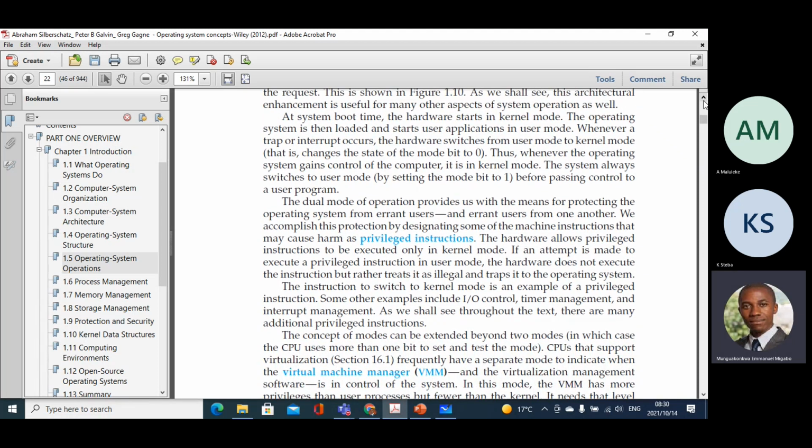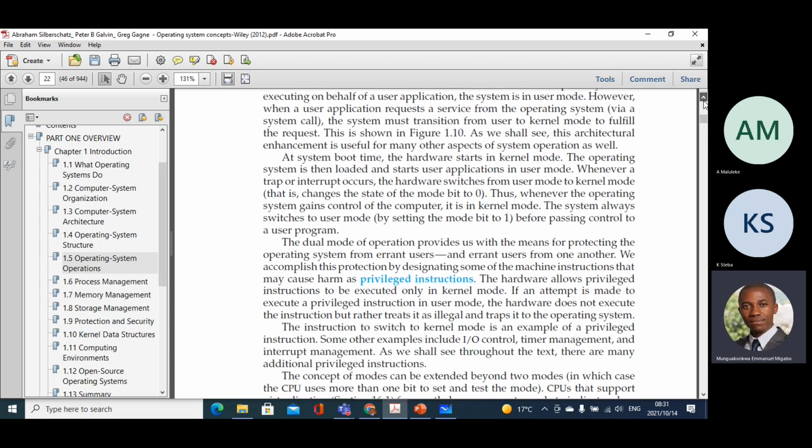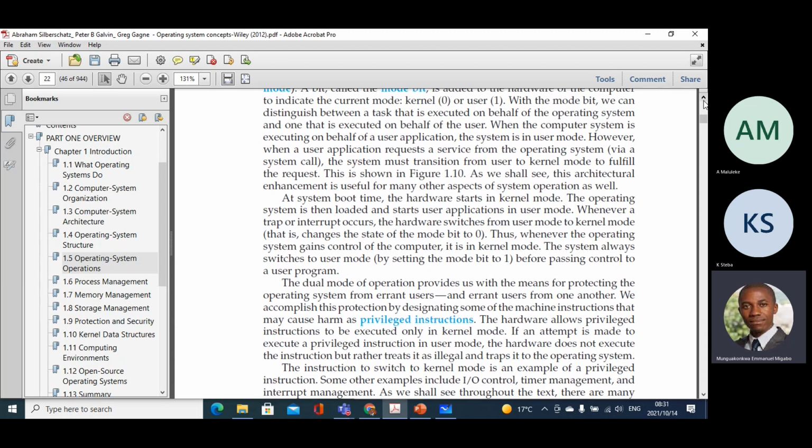If both bits are 0, then we are in local kernel mode. But if you've got 0 and 1, that means we are in local user mode. If we've got 1 for the virtualization bit and 0 for the normal mode bit, then we are in virtual machine kernel mode. The same way we can be in virtual machine user mode.